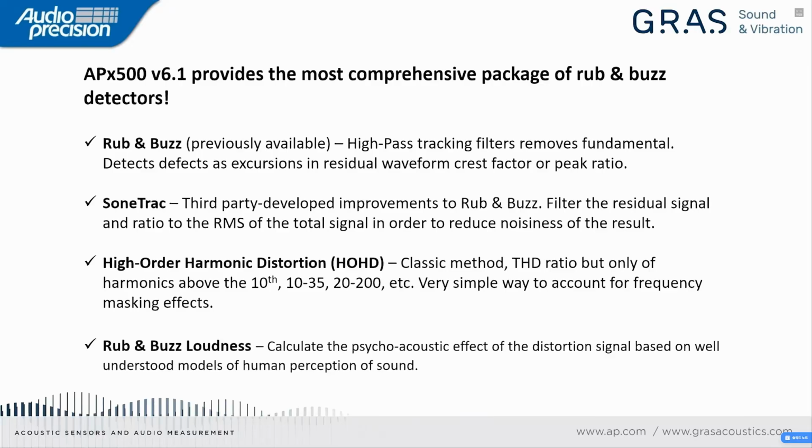But as mentioned, it's limited to the 20th harmonic with a log chirp. But using the fast sweep, you can basically tune the high order harmonic distortion, and if wanted, you could have the 20th harmonic to the 200th harmonic, and is a good way to account for frequency masking effects.